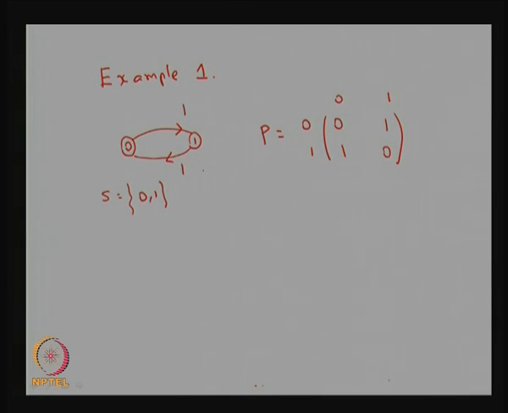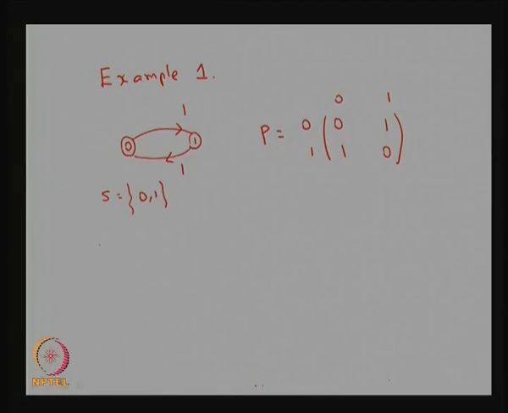If you recall, to find that out, you have to find out Fii. So, we start with the state 0. If you try to find out F00 of 1, the probability that the system starts from state 0 and reaches state 0 in exactly the first step for the first time, that is not possible, that is equal to 0.